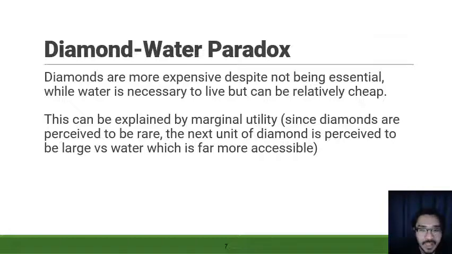So the idea here is that, why is it that something that is far less essential, which you'd assume people would not necessarily want, is far more expensive than something that people generally need in order to survive, right? And to a certain extent, this is a perfect example of why we should consider marginal utility, essentially the marginal benefit of diamonds versus water, wherein diamonds are perceived to be rare.